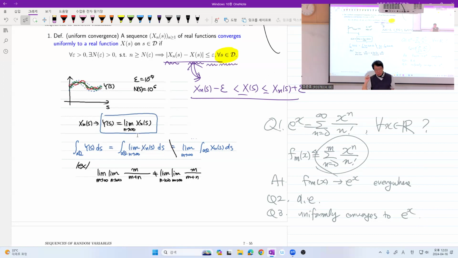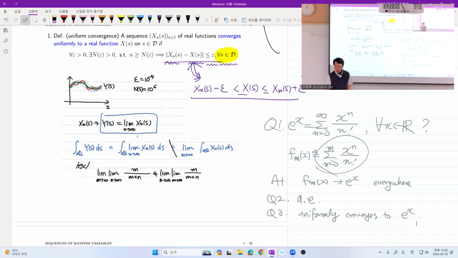Now, does that imply everywhere convergence? Of course, yes, because everywhere convergence required, at each t, or in this case s in the domain, some epsilon sub s and an N, capital N of epsilon sub s. But in the uniform convergence case, you can do that using a single epsilon. So it's a much stronger definition.